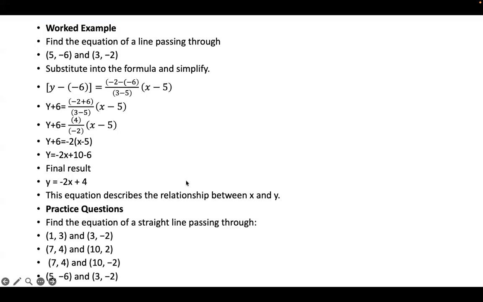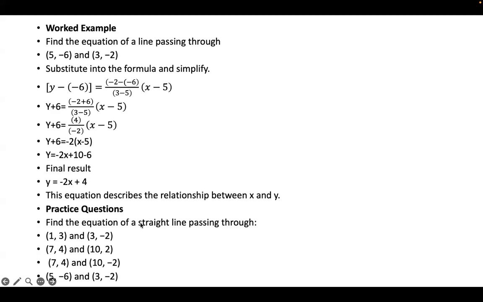That's it. So when they give you the coordinates and you have the formula, just know the formula, then you're able to substitute the coordinates into the formula. Therefore, you get the equation of the line. So this equation describes the relationship between x and y. I've given you some coordinates.